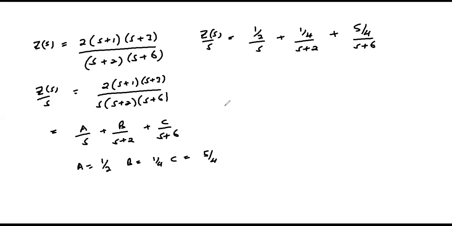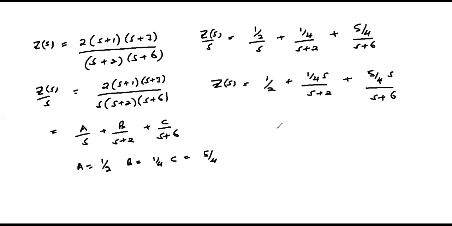Next, we multiply all the partial parts by s so as to get back our Z of s, which gives us a half, plus a quarter s over s plus 2, plus 5 over 4 s over s plus 6.